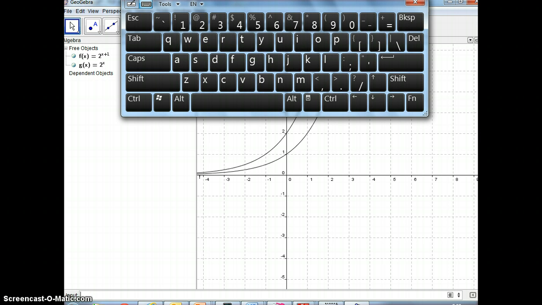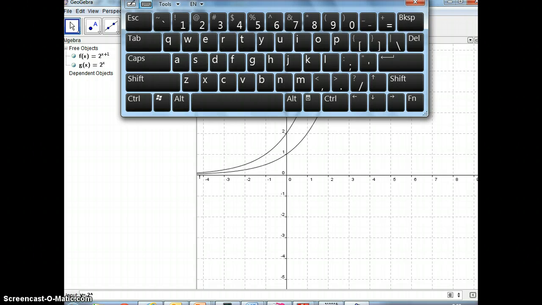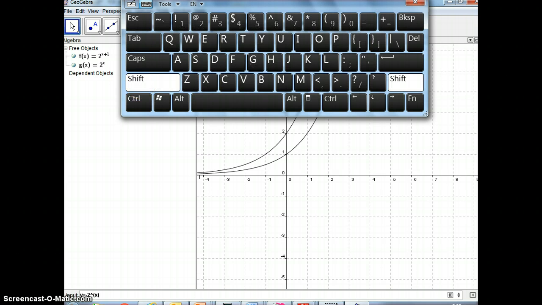If you're comfortable with this, then feel free to start exercise 17E.3. y equals minus 2 to the power, bracket, x minus 3.